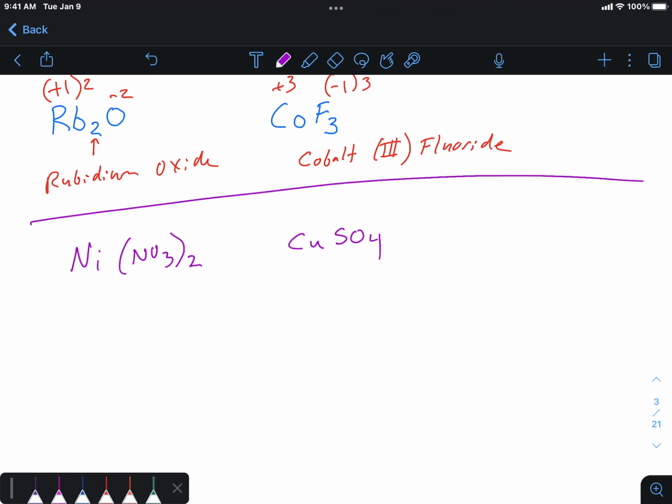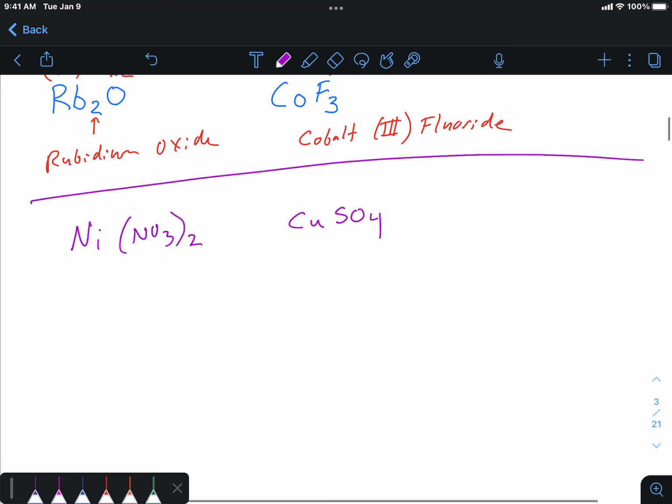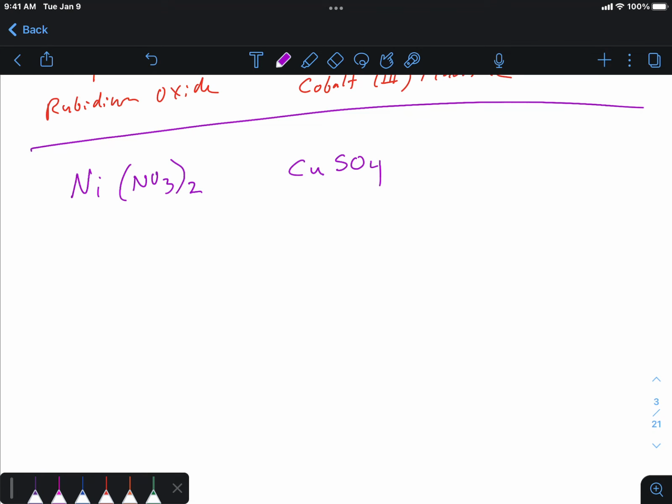Okay, here's 2 compounds. They both have polyatomic ions. You have to look up the polyatomic ions to figure out their charge to help you figure out the charge on the metal, and then you have to name it. So give it a shot, see what you come up with.